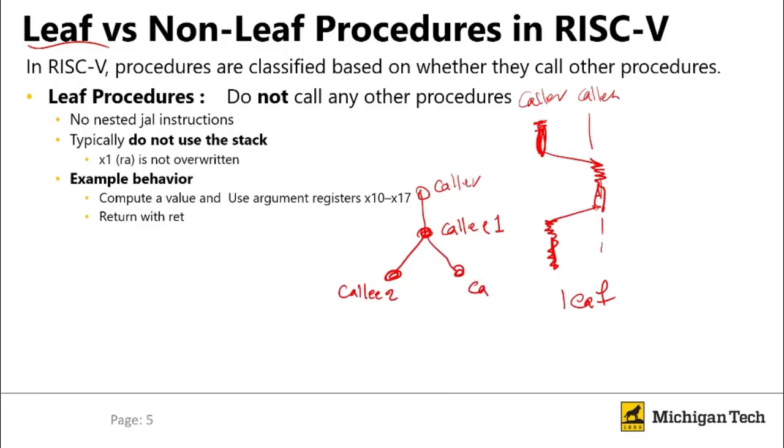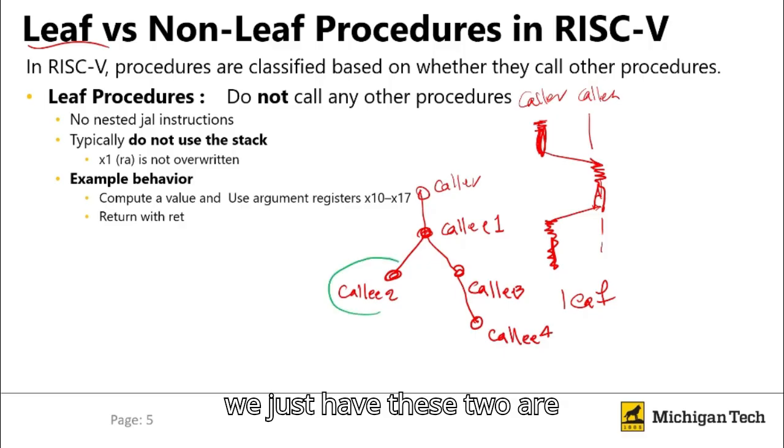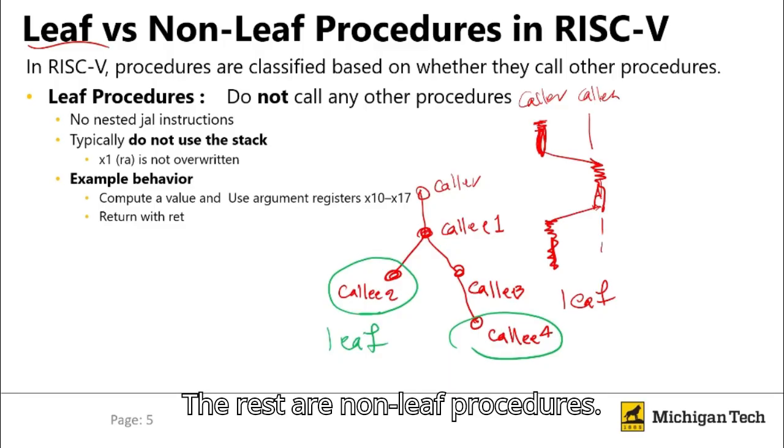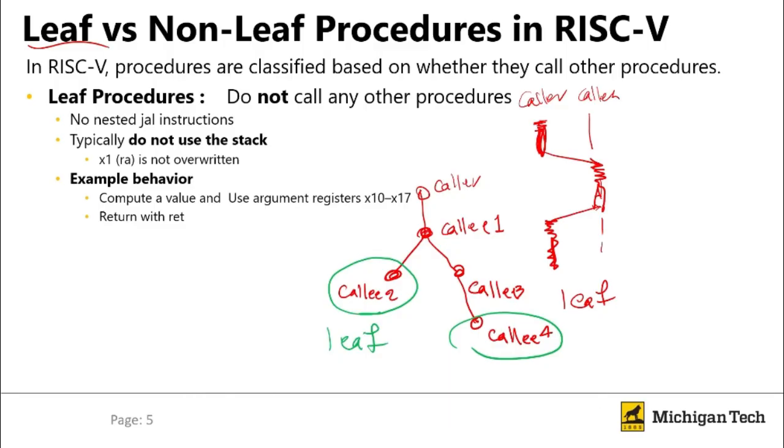callee 3, callee 4. So in here, we just have these two that are leaf procedures. The rest are non-leaf procedures. Why?